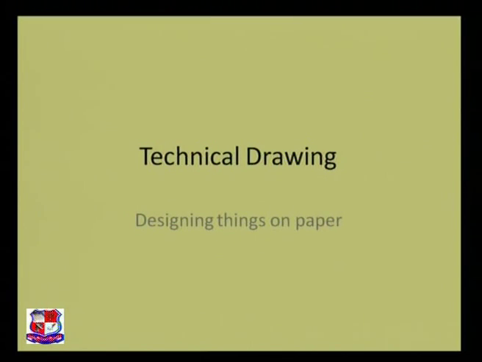Now when we talk about any sort of technical drawing, there are so many types of drawing we can see, but a technical drawing consists of various parameters like all the dimensions, parameters which an engineer can understand.